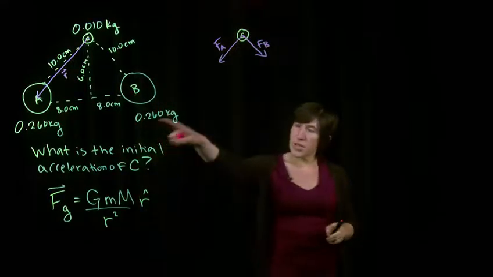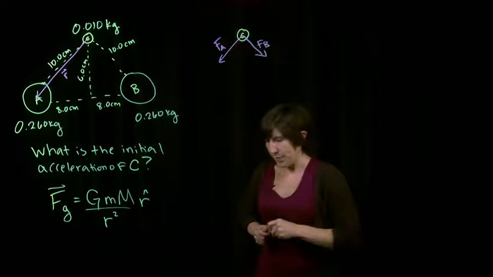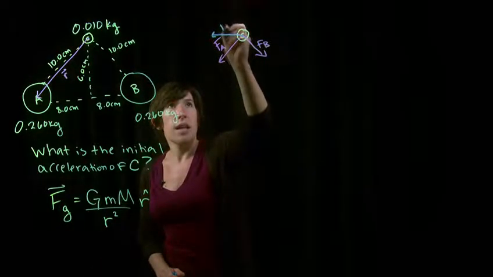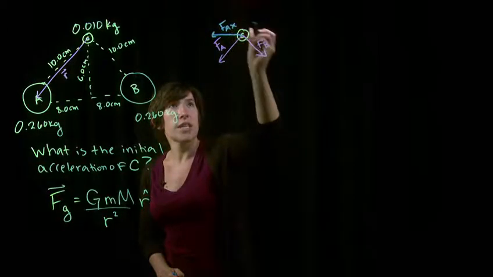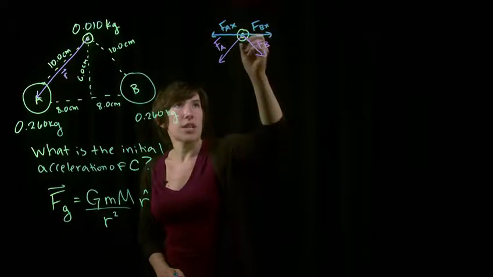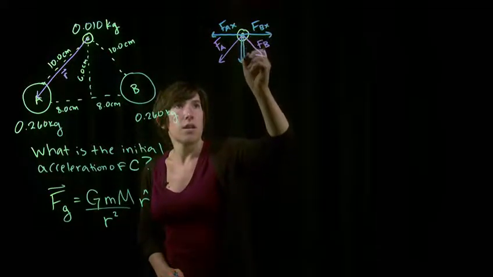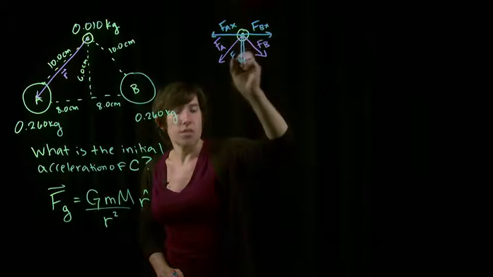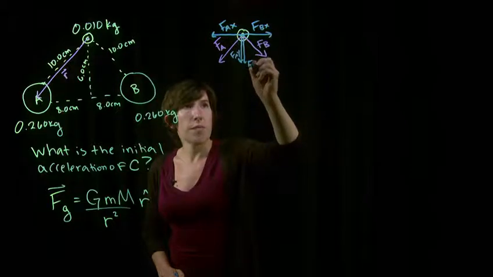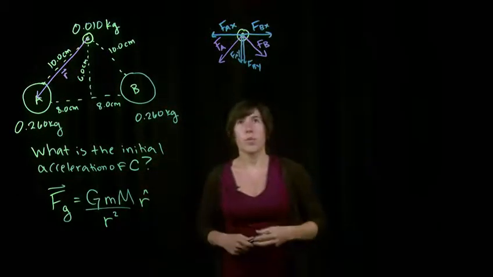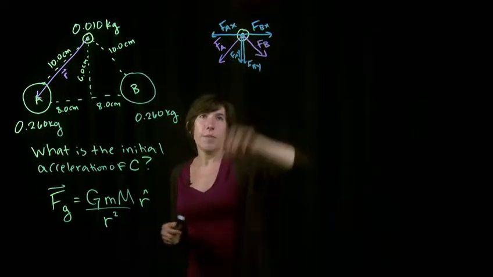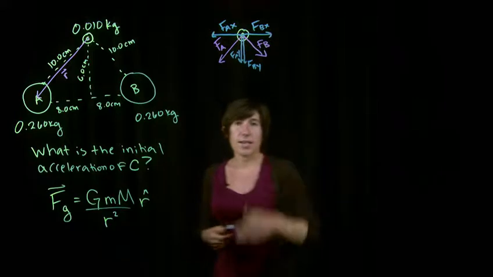So the force of gravity due to A and the force of gravity due to B. And then we can break this up into components, and we have FA in the x direction and FB in the x direction. And FAY and FBY are both pointing down. So again, I just took the force vectors, FA and FB, and broke them into their components along the x and the y direction.